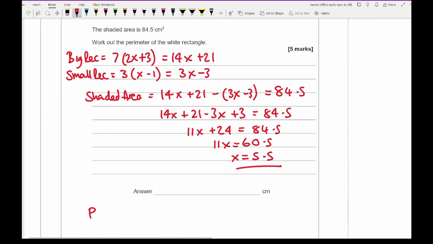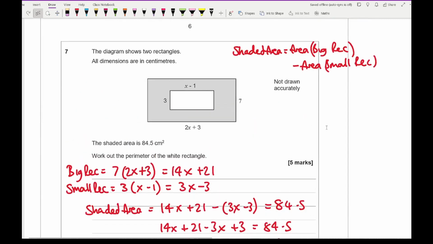So then the perimeter of the small rectangle is going to be these lengths added together.